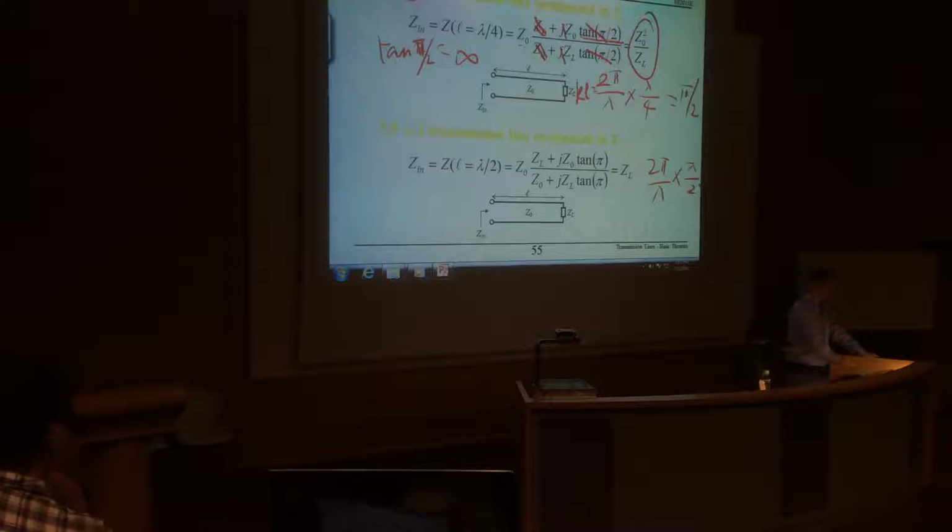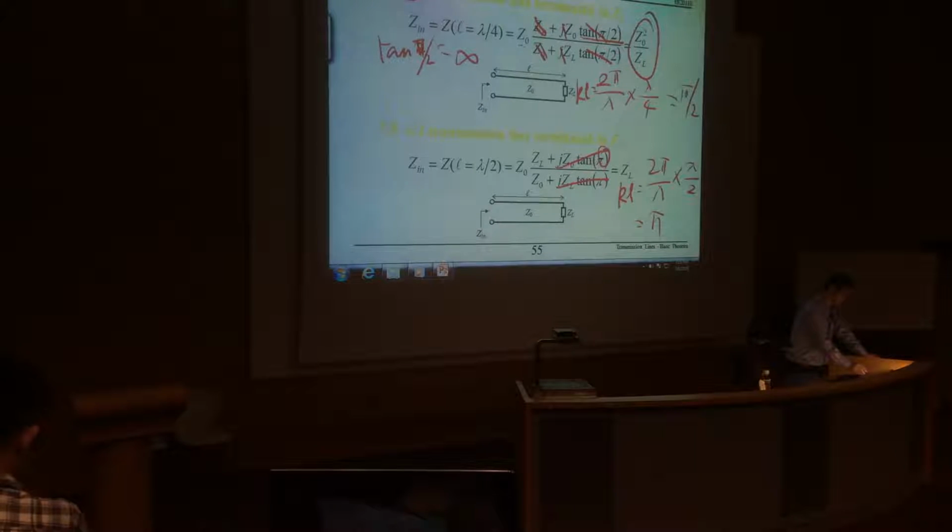This is the electrical length, kl. Now inside is kl. And this is a very fundamental, very important transmission line equation. First, we can calculate the electrical length. Now, this is pi. Then tangent pi is equal to 0, right?